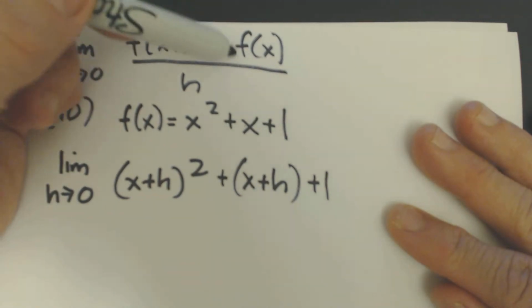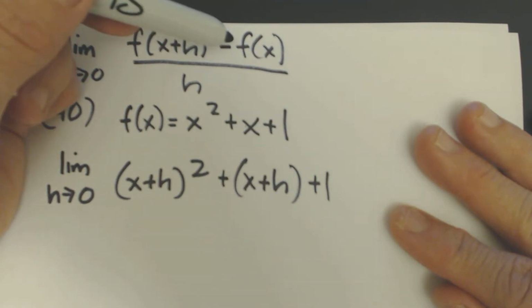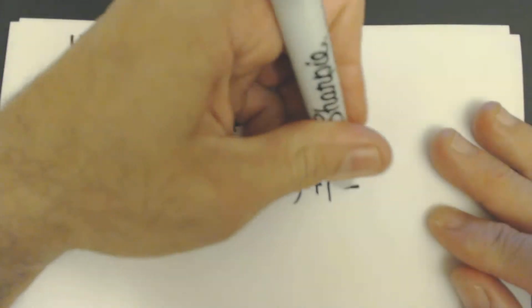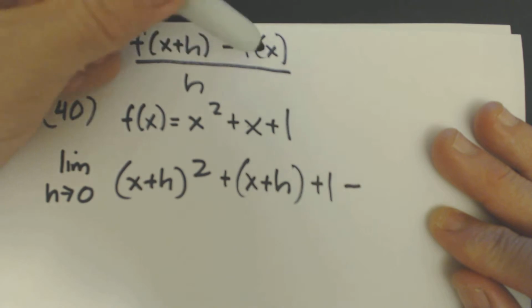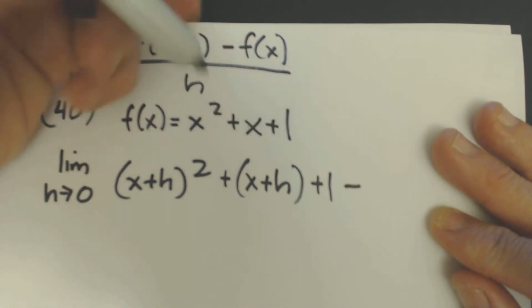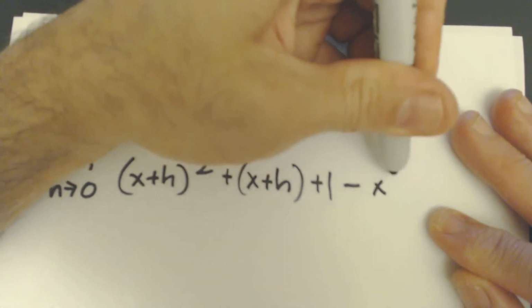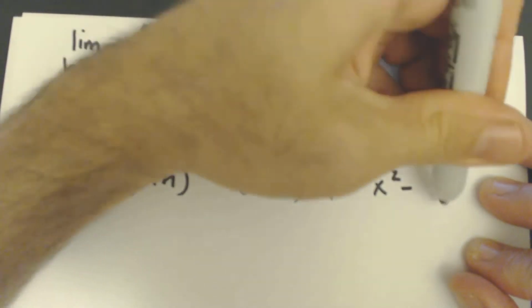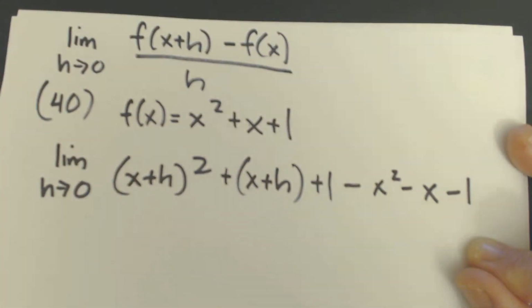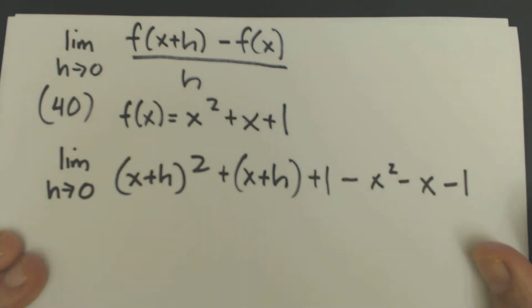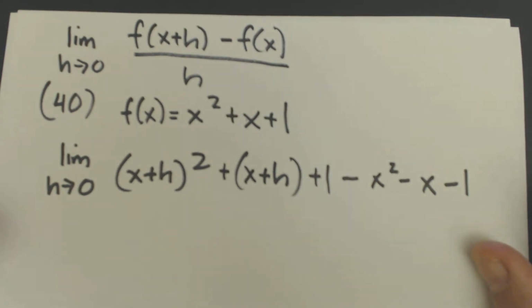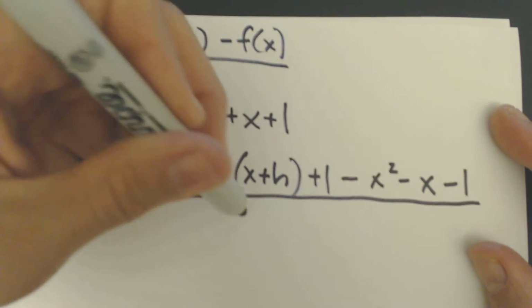Now we want to just plug in minus f of x, which is x squared plus x plus 1. So it's going to be minus, so all these terms are going to be negative. So it's going to be minus x squared minus x minus 1. And of course, all of this is going to be over h.